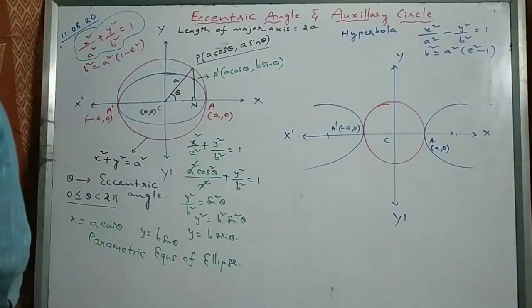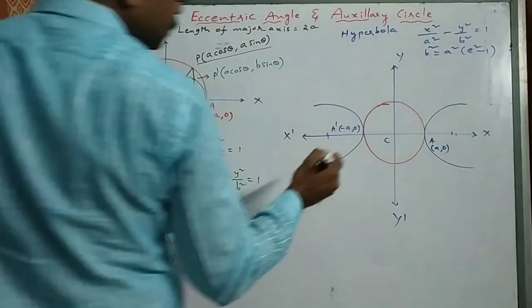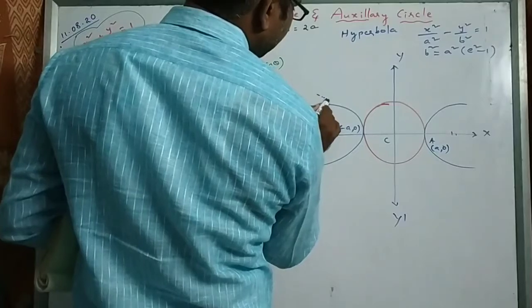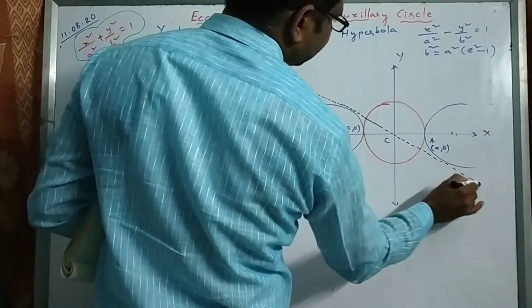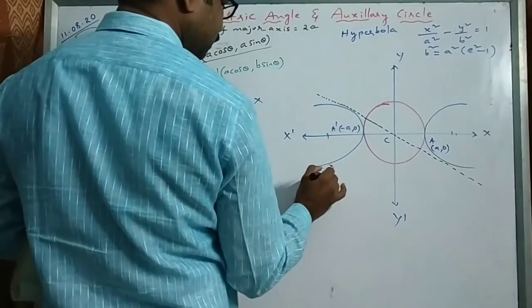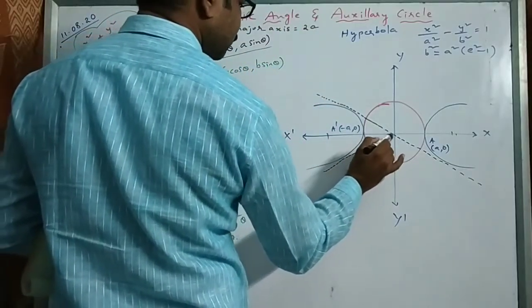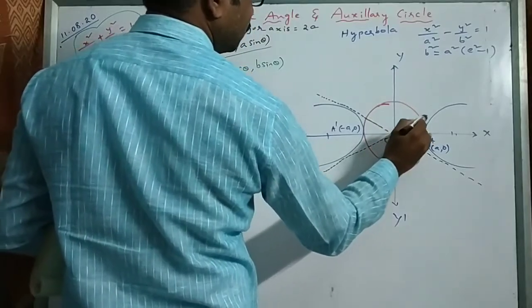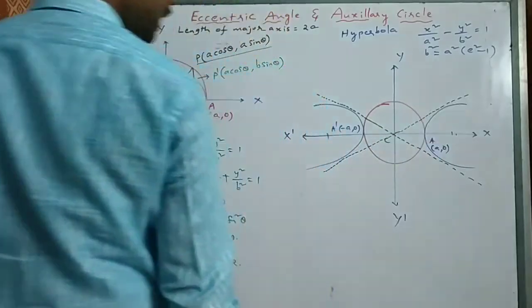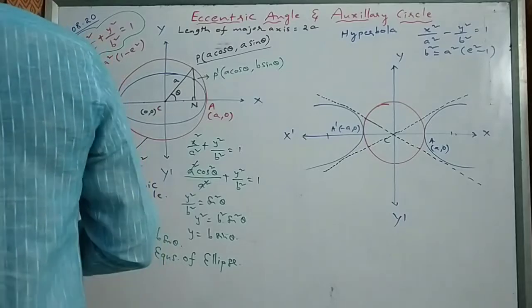So now, if you draw the asymptotes passing through the center, okay, those are asymptotes.